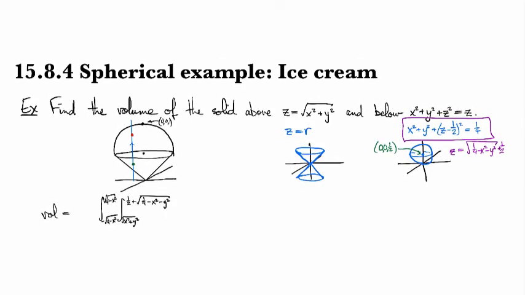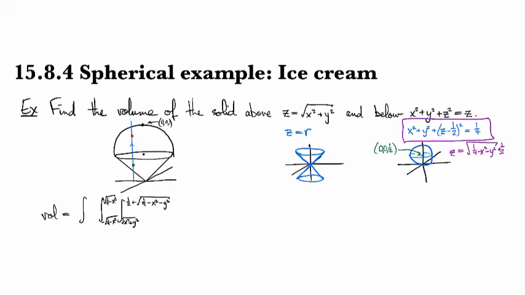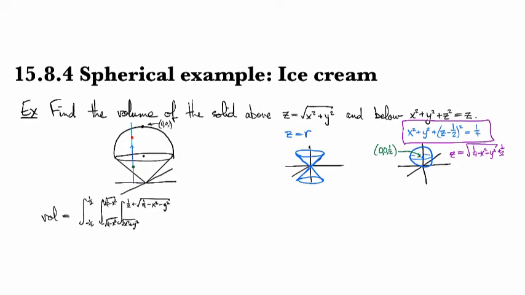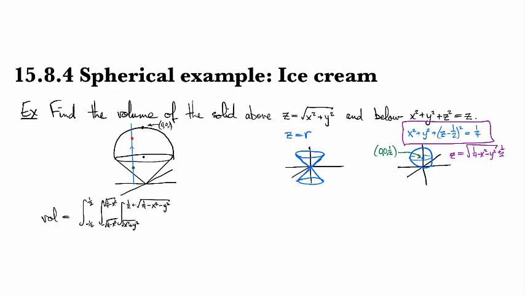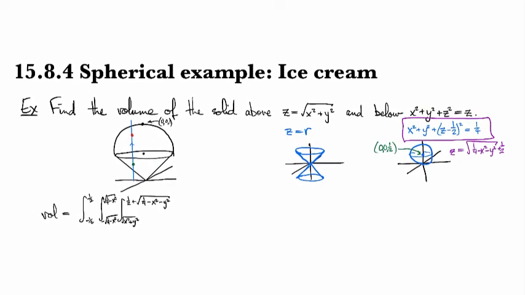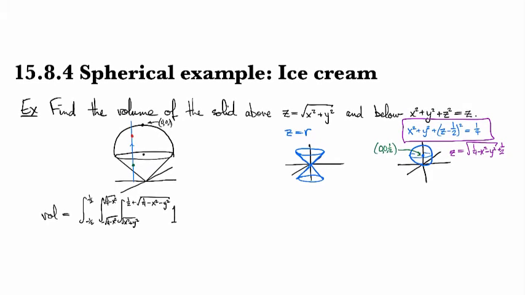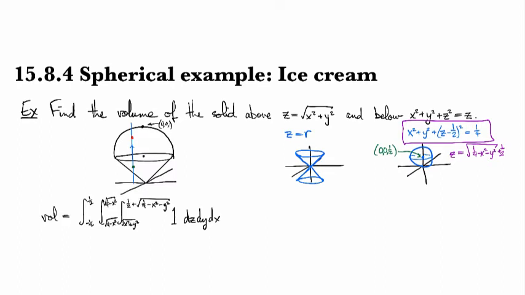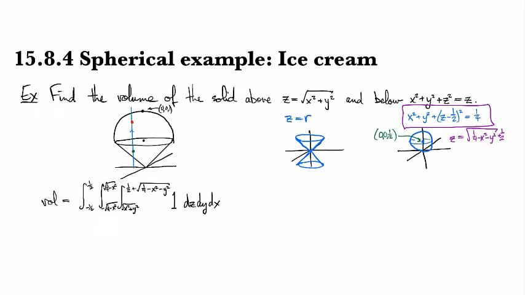And then we have the integral from minus 1/2 to 1/2 for x, for the rest of that disk. And we would have our integrand, which would just be 1, and our dV, which would be dz dy dx. All right, okay, so not looking overly pretty.